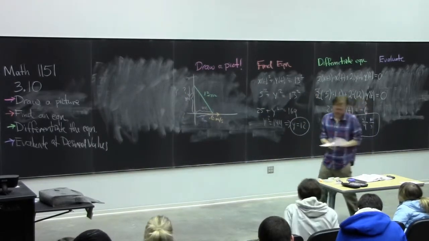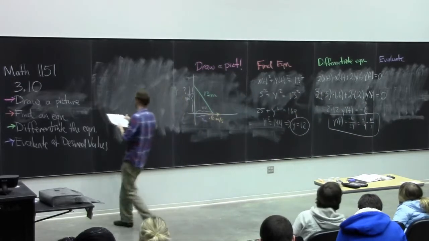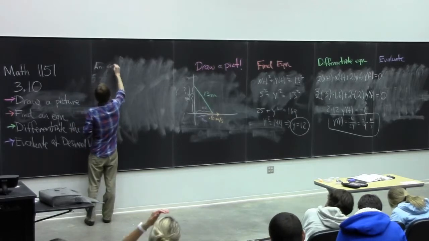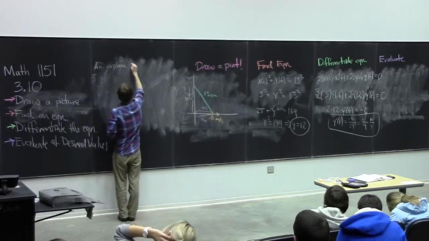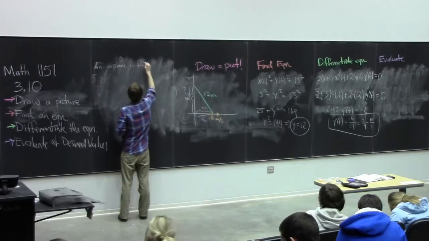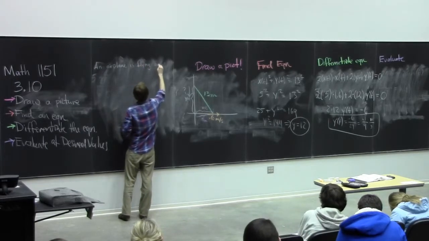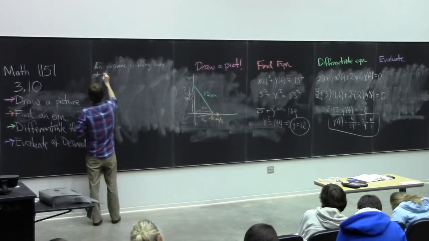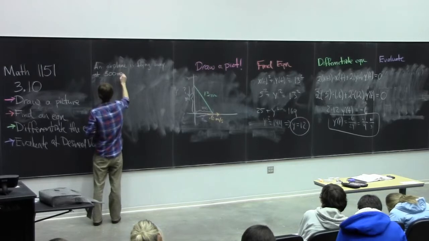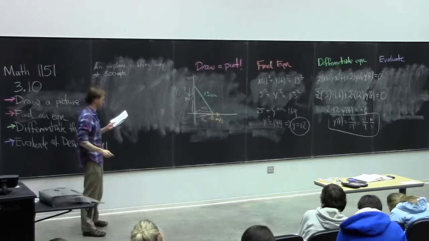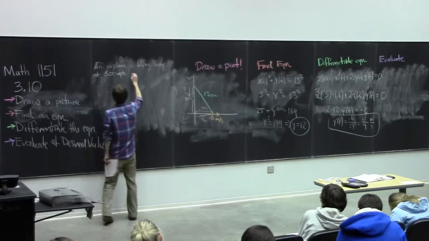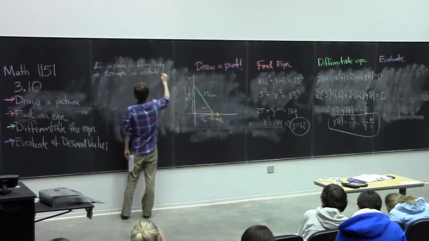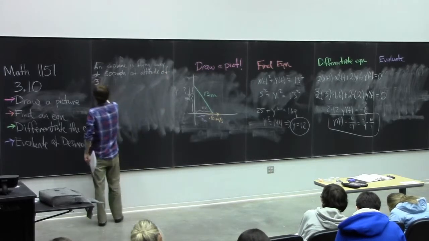So here we have an airplane flying away from you at 500 miles per hour, at an altitude of 3 miles.